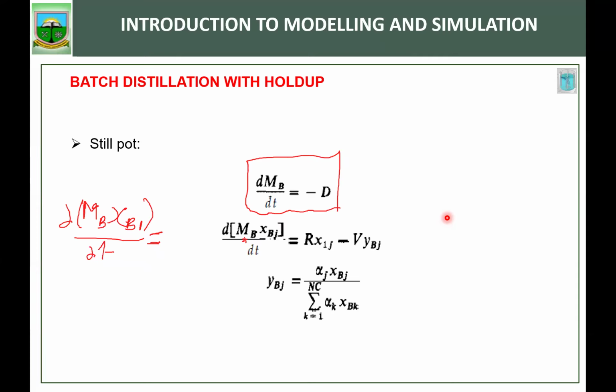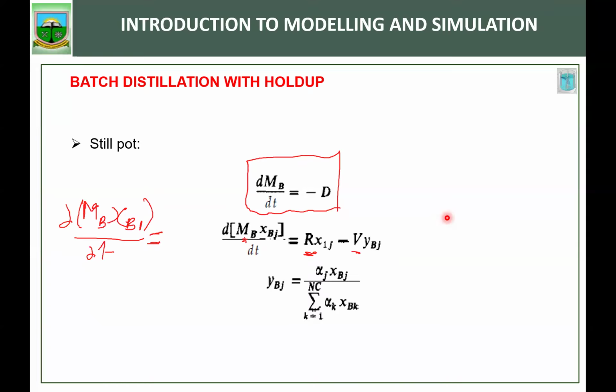Remember, something is going in: the reflux, and then the vapor. Yesterday we realized that the vapor phase mole fraction is mostly y, and the reflux is liquid, so it will have x.